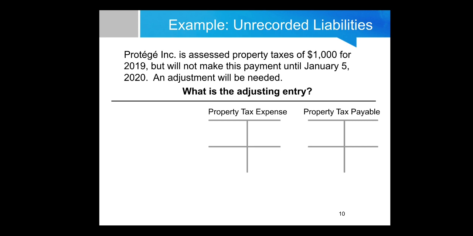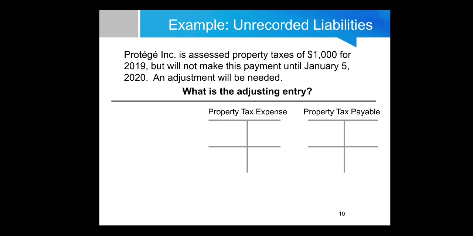The taxes is $1,000, but will be paid by the business next year on January 5th. So now, the account has to be closed at 31st of December 2019. So when the business closes its account, the business has to decide about this $1,000. How to record this?